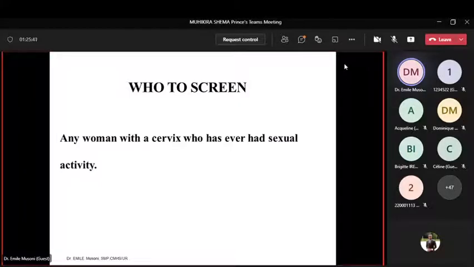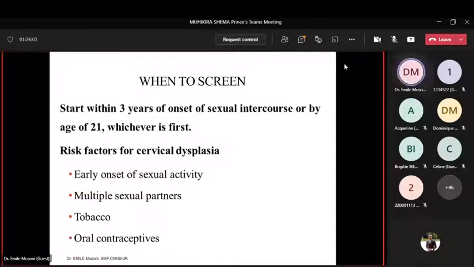You must know who to screen. Who to screen is any woman with a cervix who has ever had sexual activity. If there is no cervix, there is no need for screening. You can't go for screening for a child of 9 years. When to screen? Start 3 years after onset of sexual intercourse or by age 21, whichever is first.